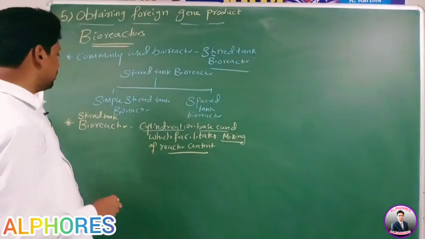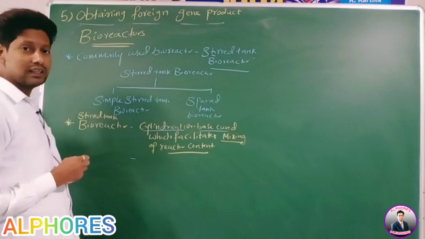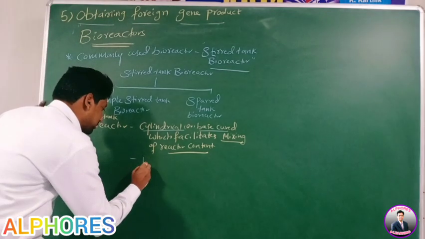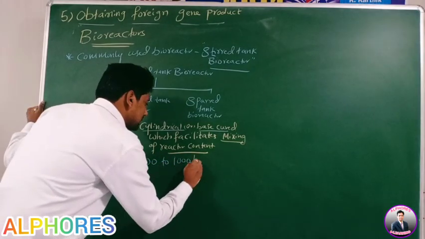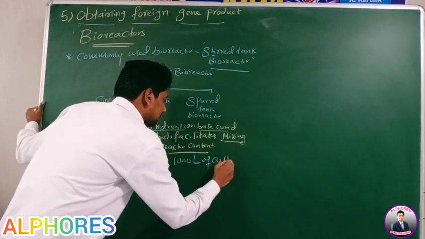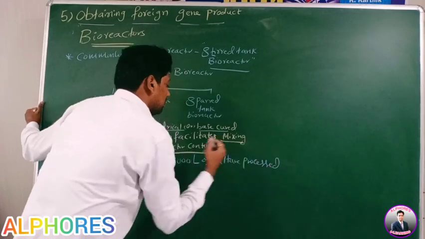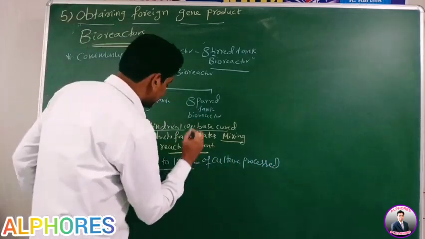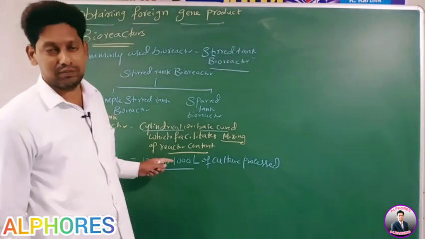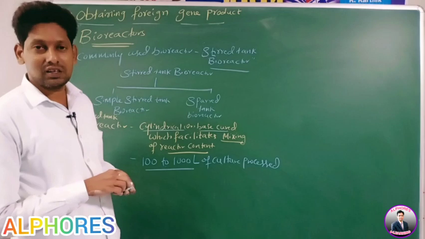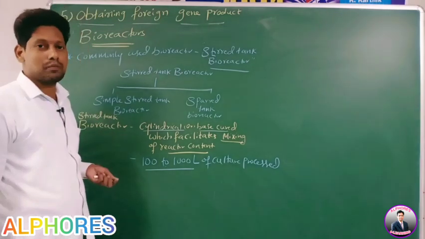Right? Now, in this bioreactor, 100 to 1000 liters of culture can be processed. How much culture is processed, sir? 100 to 1000 liters of culture is processed. Is this statement okay? Right? Now listen here. We are discussing bioreactors.